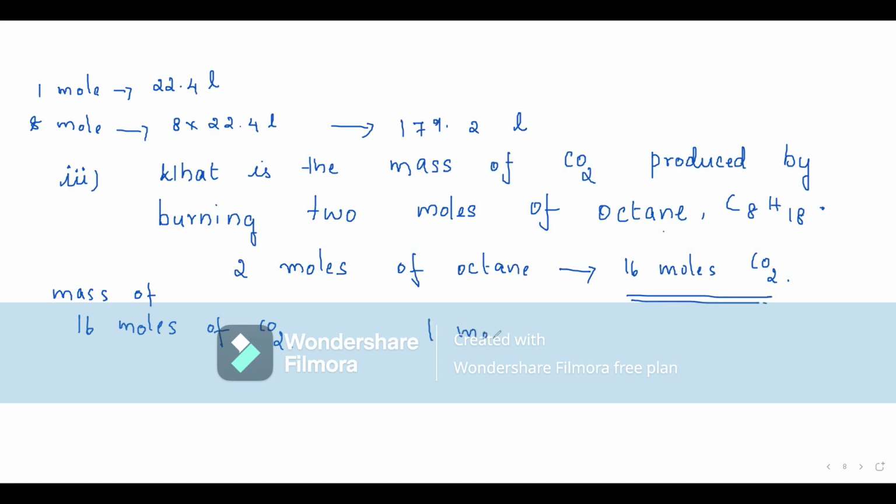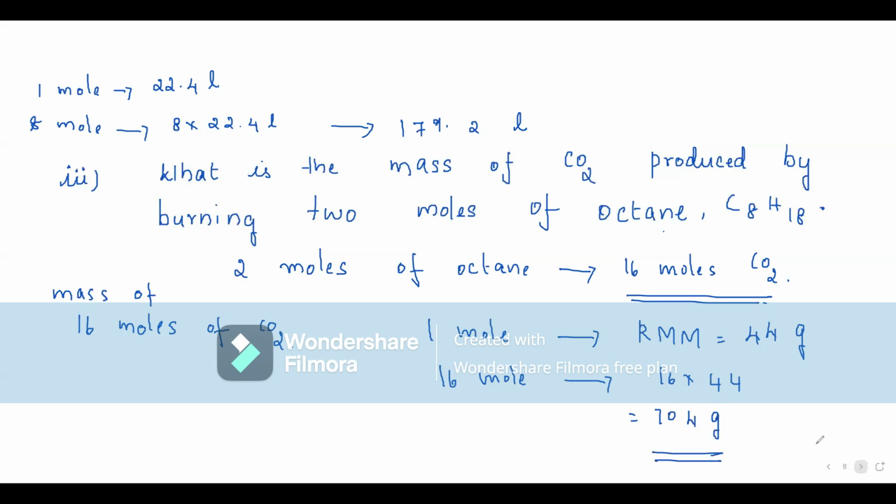You know, 1 mole of carbon dioxide weighs 1 RMM of carbon dioxide, which on calculation is 44 grams. Therefore, 16 moles will be 16 into 44. 16 into 44 is 704 grams.